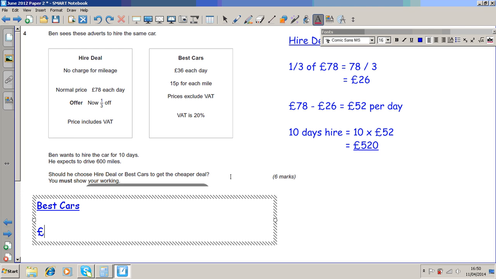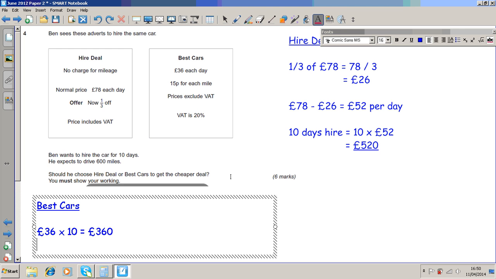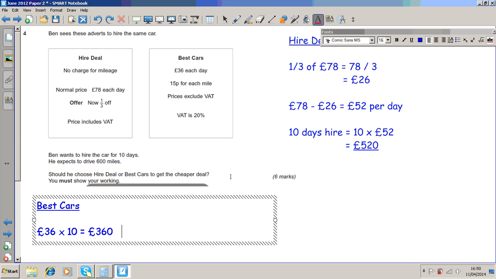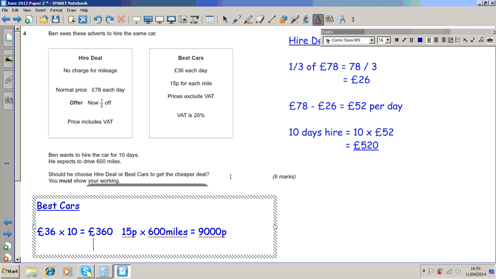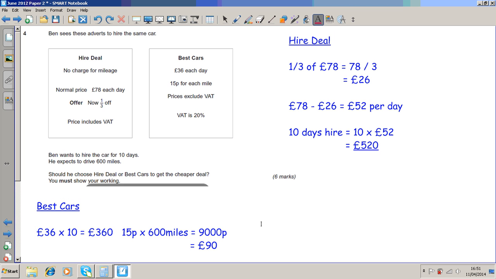First of all, 36 times 10 equals £360, and 15 times 600 miles on the calculator is 9,000 pence, which is £90.